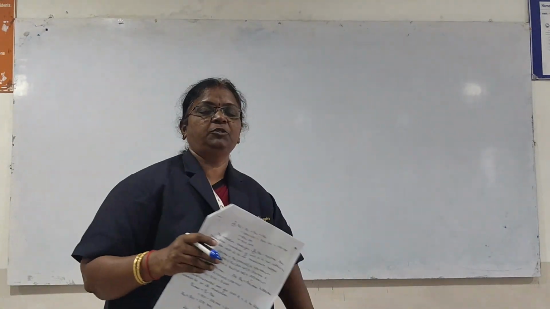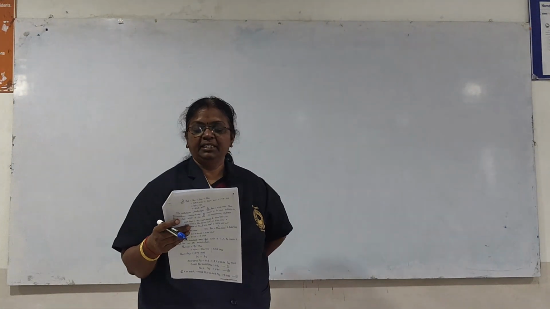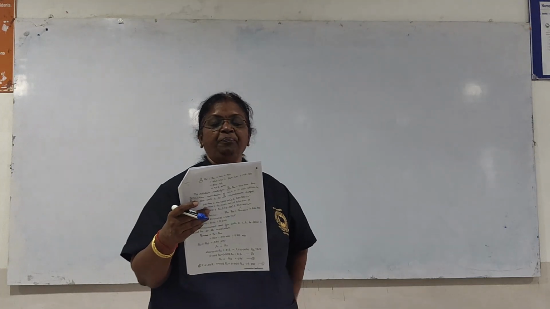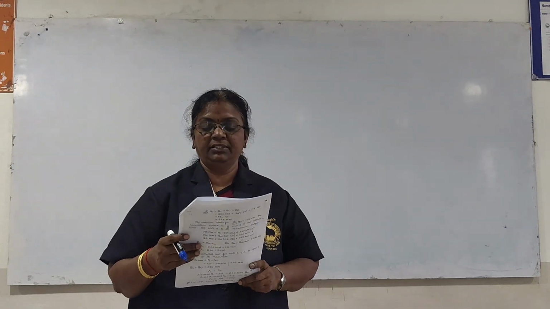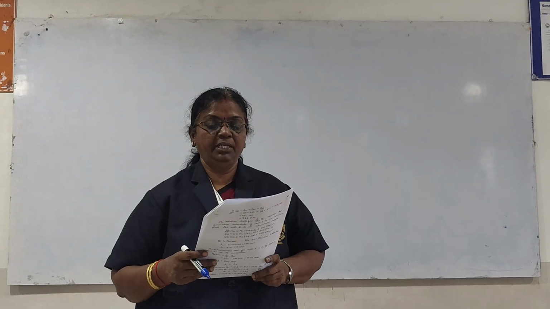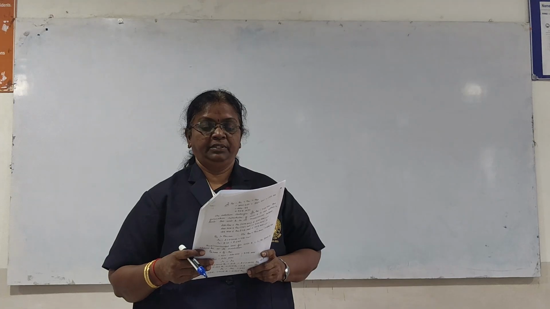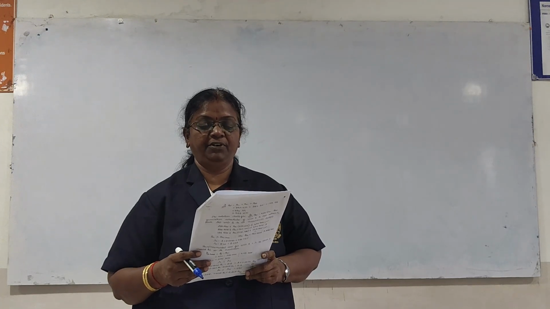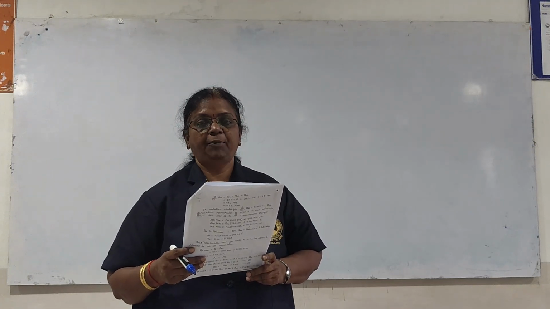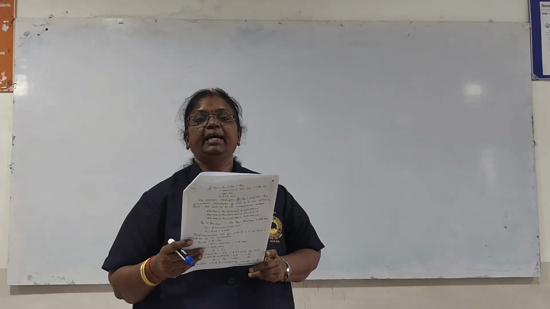Then the next problem is: determine the economic generation schedule of the three generating units in a power system to meet the system load of 925 megawatt. The operating limit and cost function is given below. So in the problem they have specified three cost equations.